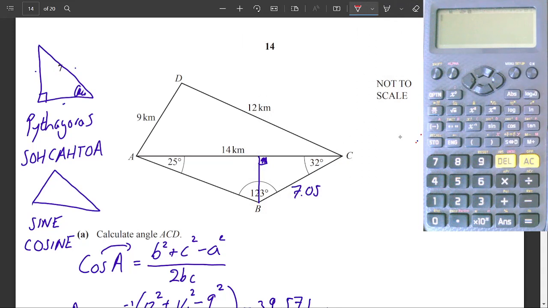The 7.05, of course, is the hypotenuse, and we want to know the shortest distance between B and that line, which means it is the opposite side here, O. So H and O is what we're working with from that angle 32. O and H means we're going to use the sine ratio.